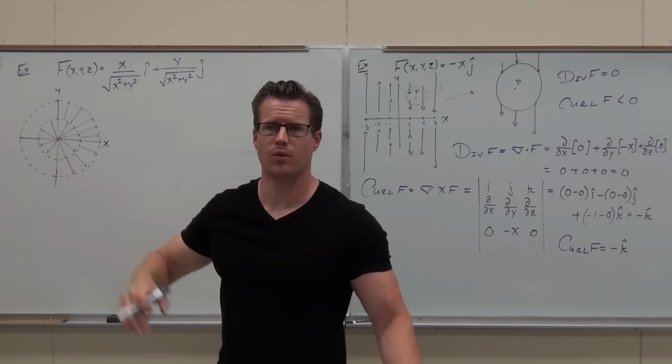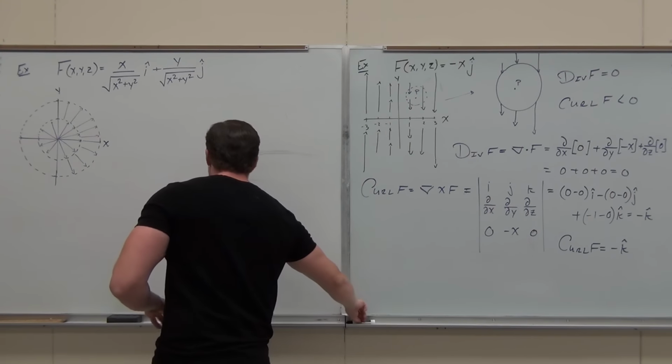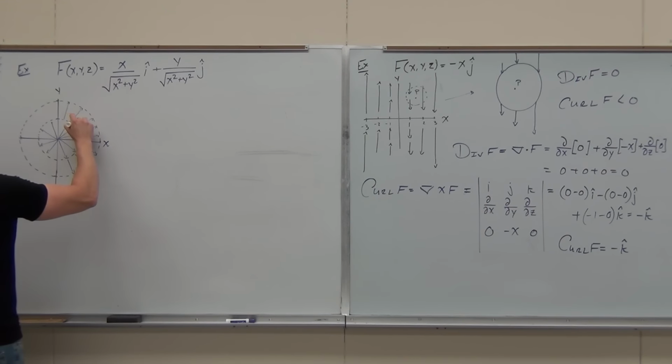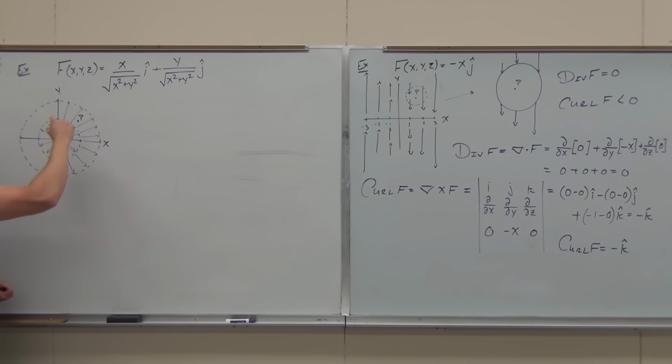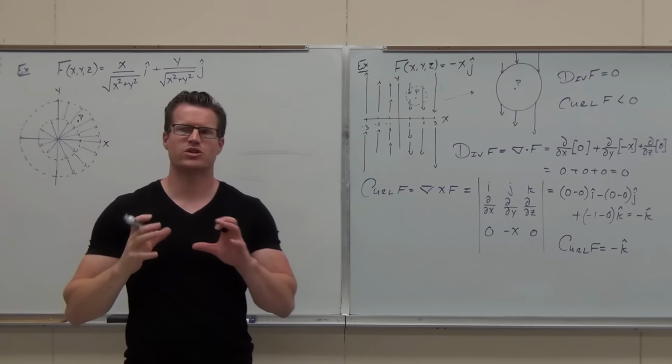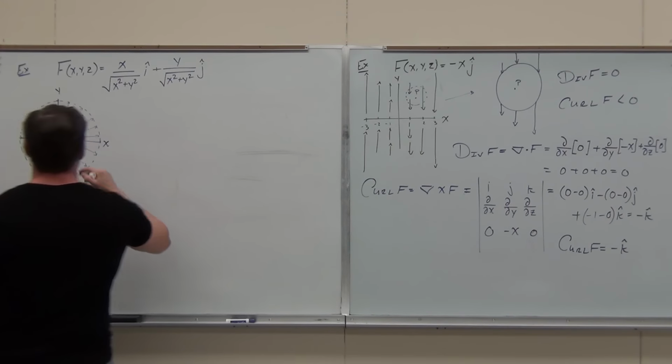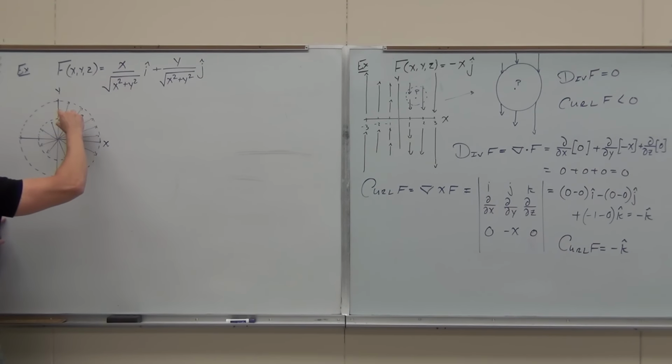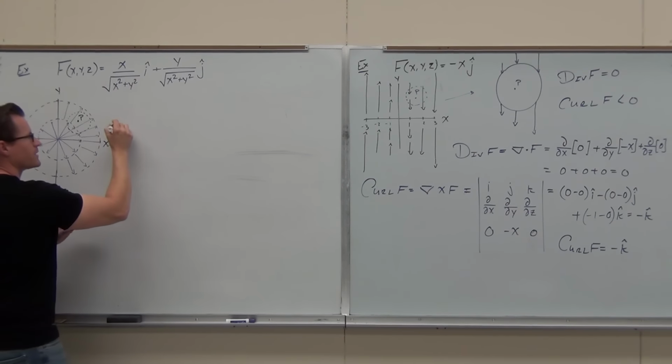Now, I'm going to pick a random point. Right there. Call that P. Let's make a symmetric neighborhood around this point. Little circle. And now I'm going to explode that circle.